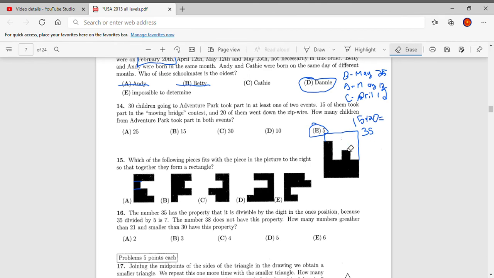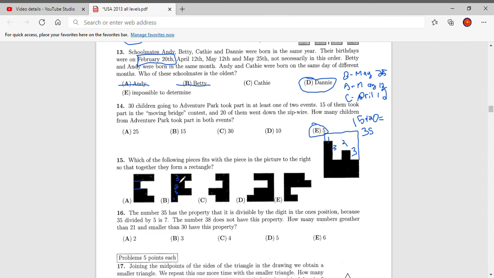If the answer is B, it has 3, 3 over here, 2, 2 over here, 3, 3 over here, and 1. So 1, 3, 2, 3 would be correct. It matches here, 1, 3, 2, 3. Wow, black looks so cool on blue. Or blue looks so cool on black. So B, 1, 3, 2, 3 matches 1, 3, 2, 3. So the answer for number 15 is B.